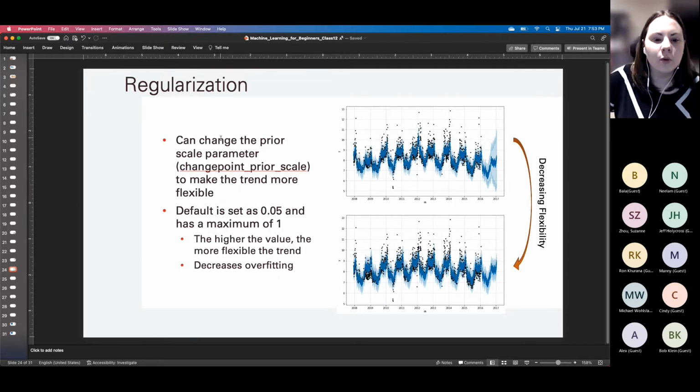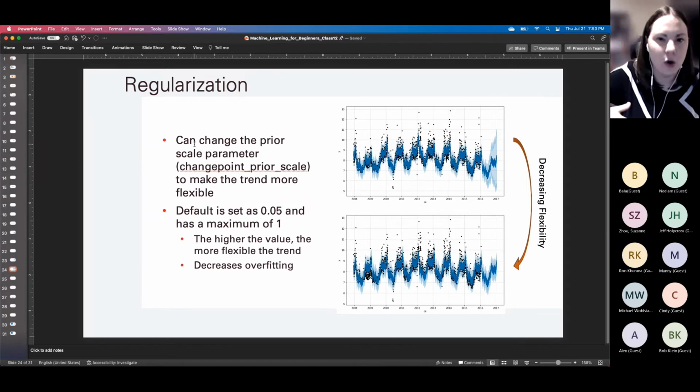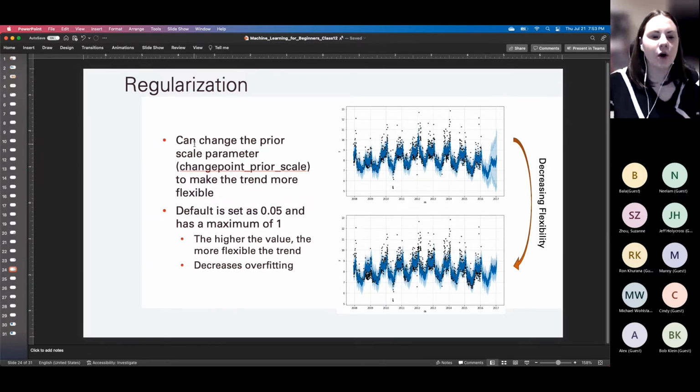In some cases, it can make the trend more or less flexible over time. So in this particular case, you can change that flexibility. Say you had 25 change points and your model was overfitting, you could change that parameter, increase the regularization, and it would allow you to have a more flexible trend and decrease overfitting.